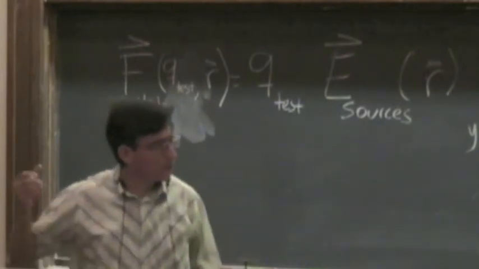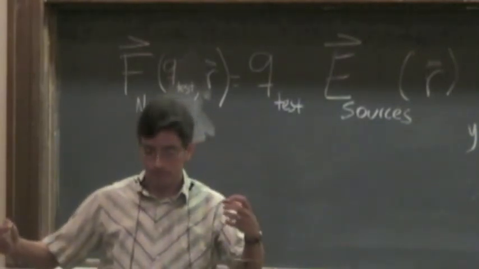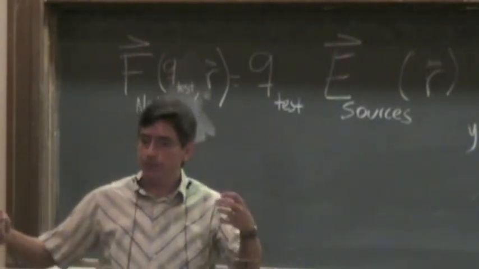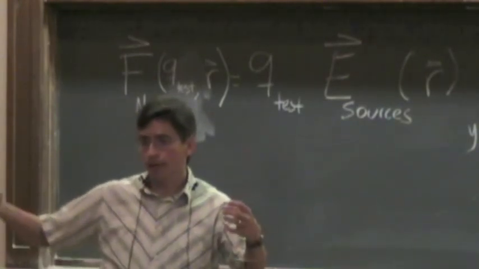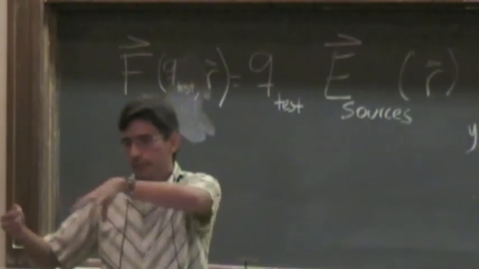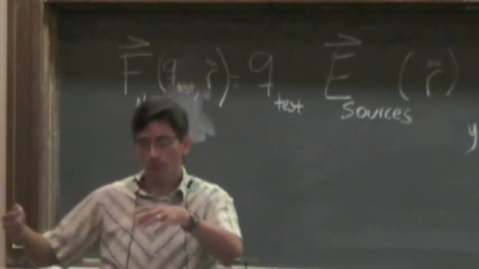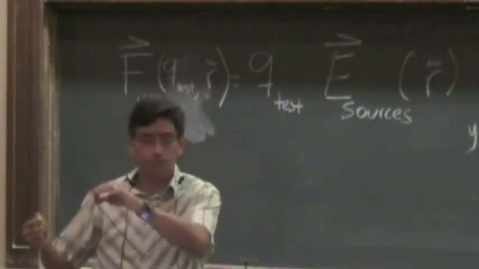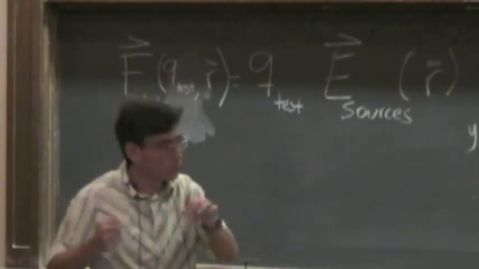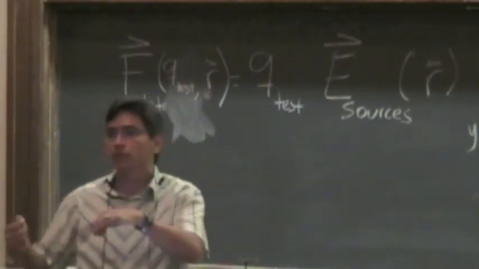So particle A and particle B, just to emphasize that, don't really interact with each other. What particle A is doing is interacting with the electric field, modifying the space surrounding it, giving that space a particular property, some sort of electric wind at each location.